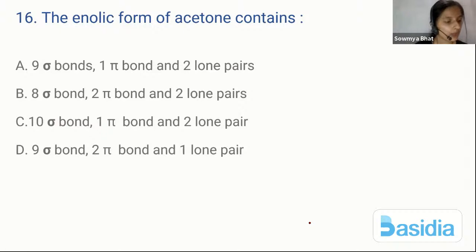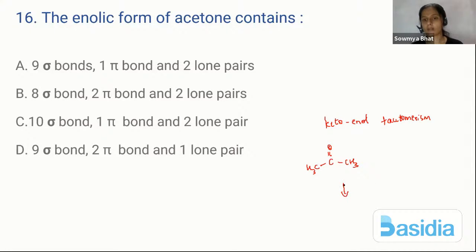The enolic form of acetone is going to contain enol and the ketone. So this refers to the keto-enol tautomerism. Let's write the structure. We are much familiar with the acetone, so I'm going to write it first. This is acetone.